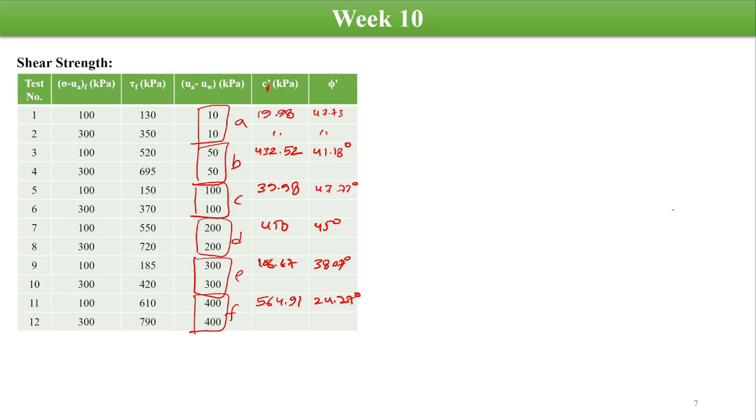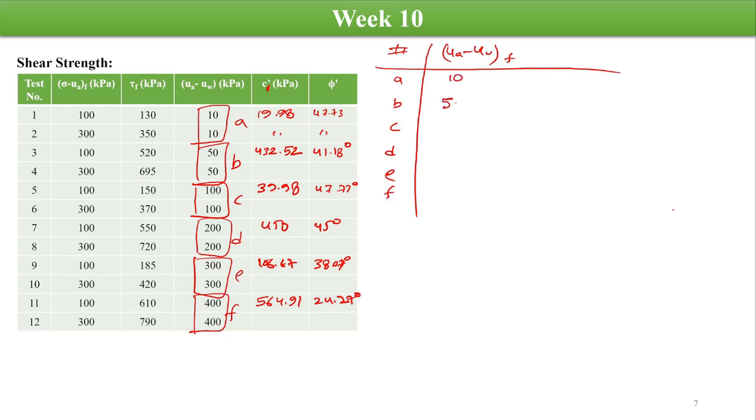Okay, so till now what we have calculated? For the tests A, B, C, D, E, and F, the pore suction value UA minus UW was provided as 10, 50, 100, 200, 300, and 400.